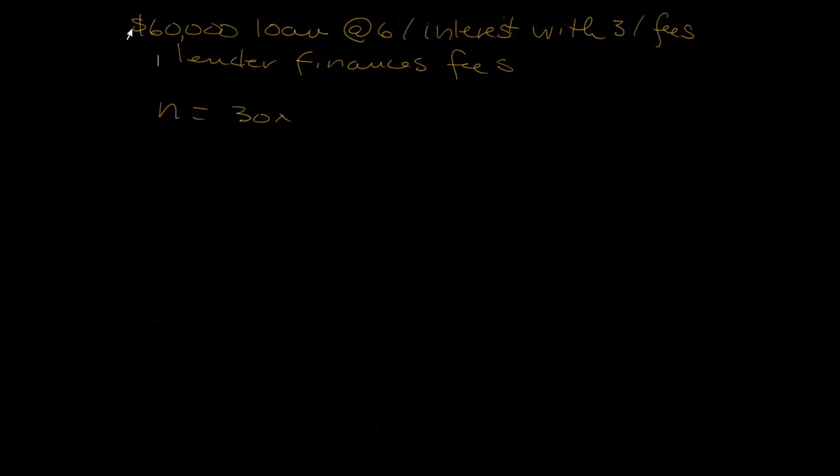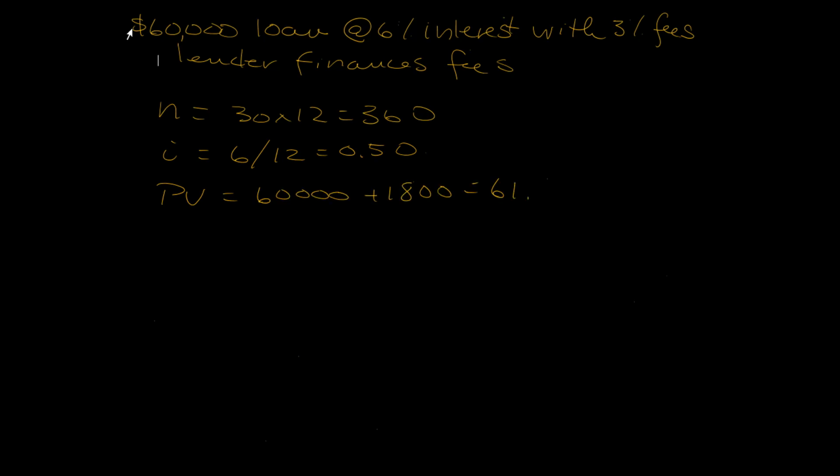So N is still 30 times 12 or 360. I is still 6 divided by 12 or 0.5. But now our present value is going to be $60,000 plus $1,800 or $61,800. Future value is 0. And then we solve for payment and we get negative $370.52.